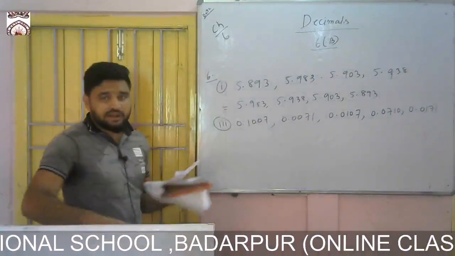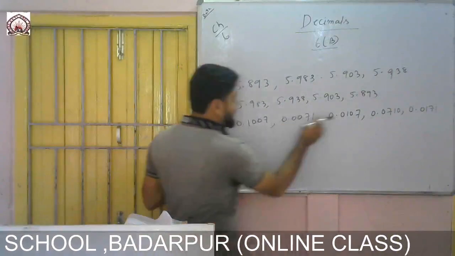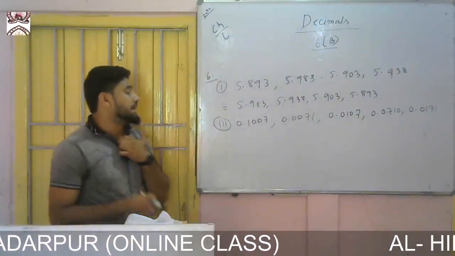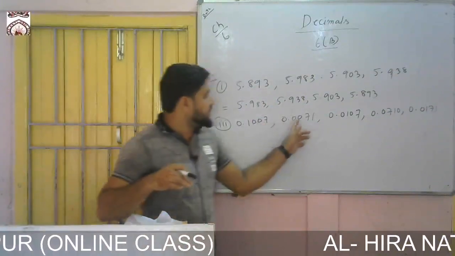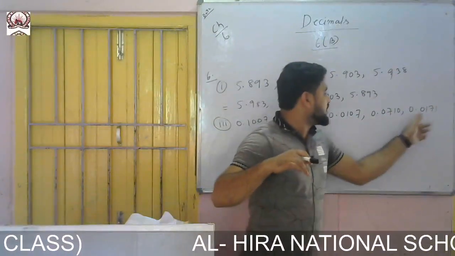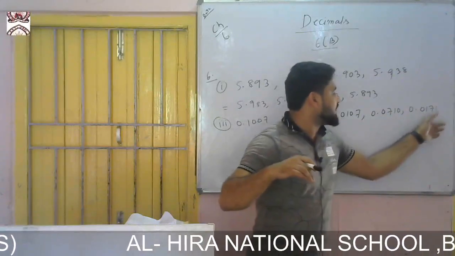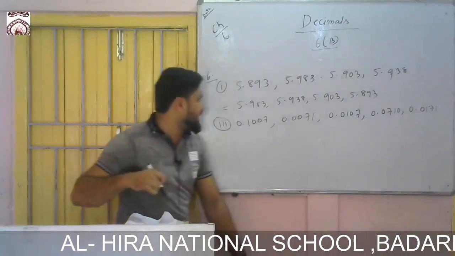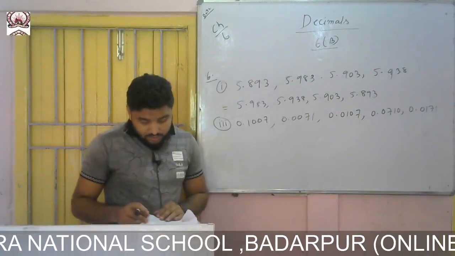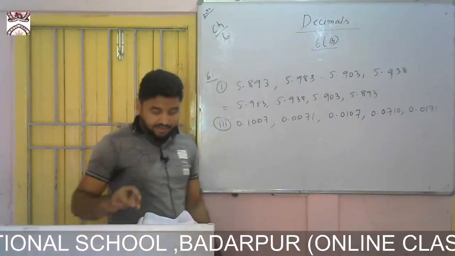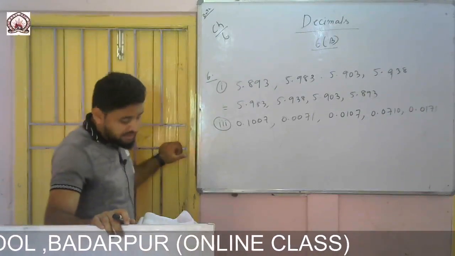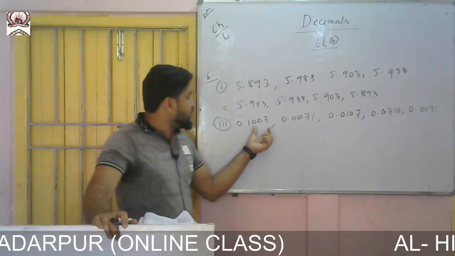First, you see all the integral parts are the same, 0. So now you go for the fractional part: 1007, 0071, 0107, 0710, 0171. Which one is bigger? In descending order, starting from the largest.